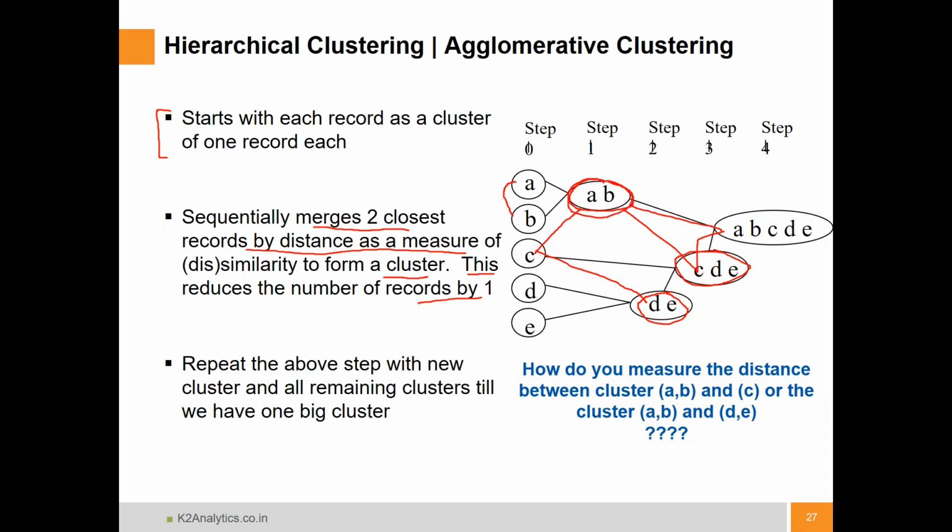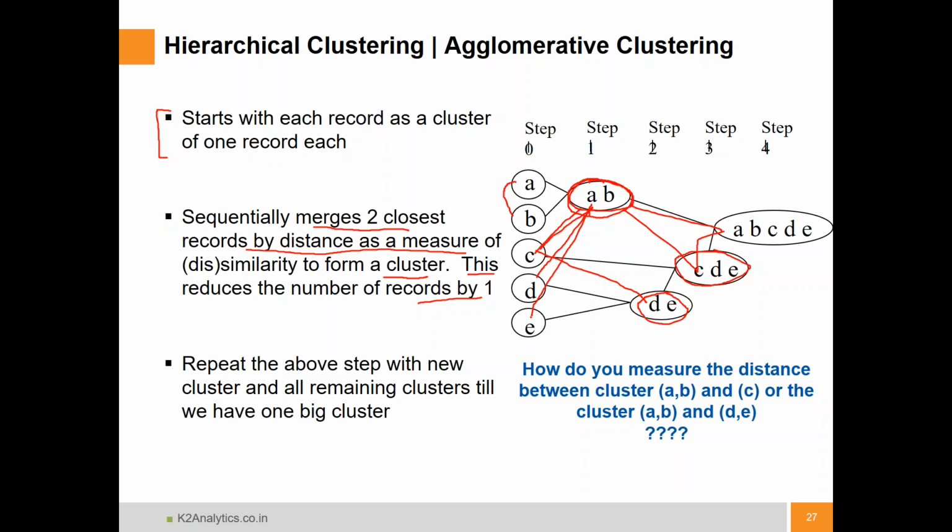Now the key question is, I've got two objects here. When A and B get merged, how do I find the distance of AB with C? How do I find the distance of AB with D? How do I find the distance of AB with E? Because there are two records which you have combined. So how do I find the distance of the AB combination with the individual record C?